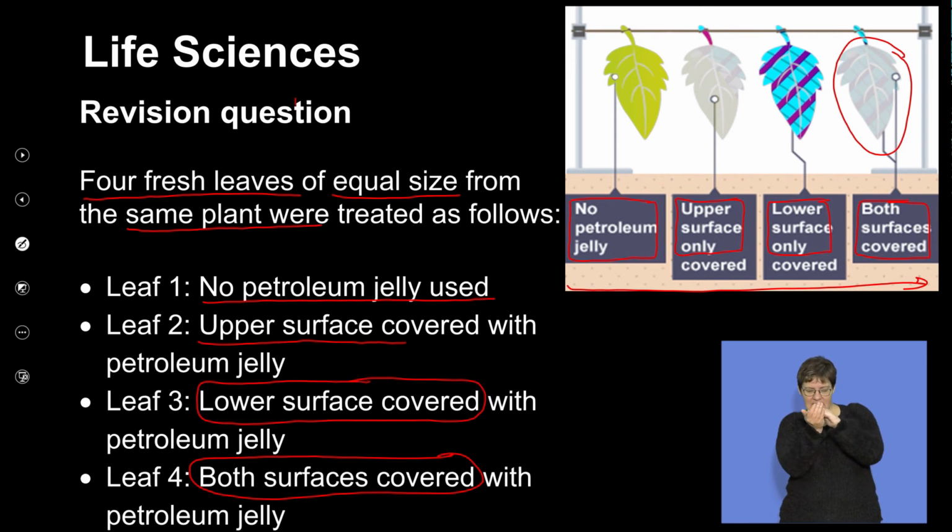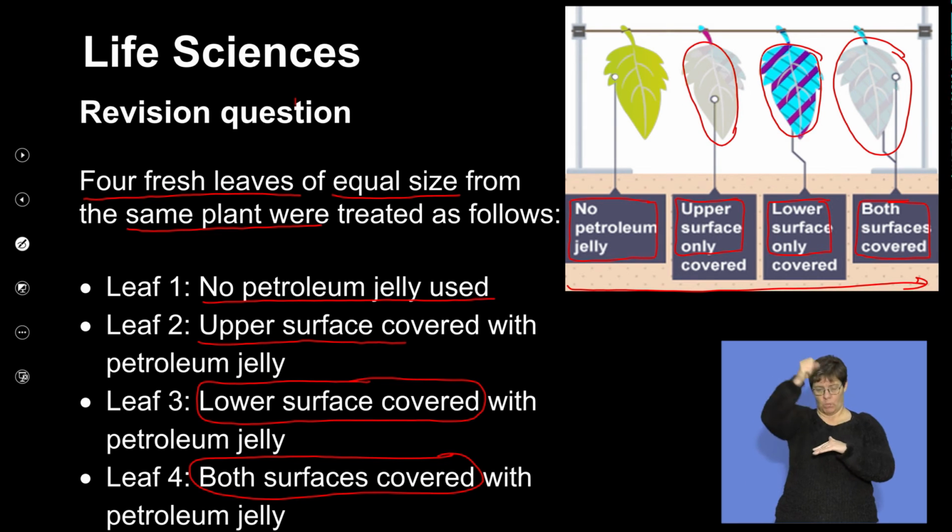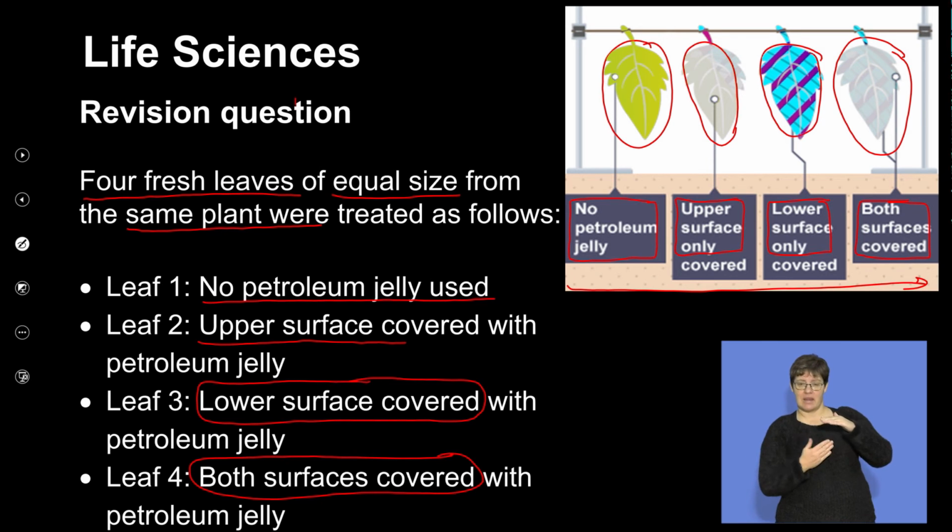We are blocking the stomata so nothing can get in and out of the plant. In this one, we are blocking only the stomata on the lower surface. Here we are blocking the stomata on the upper surface, and here there's no blockage of the stomata at all.